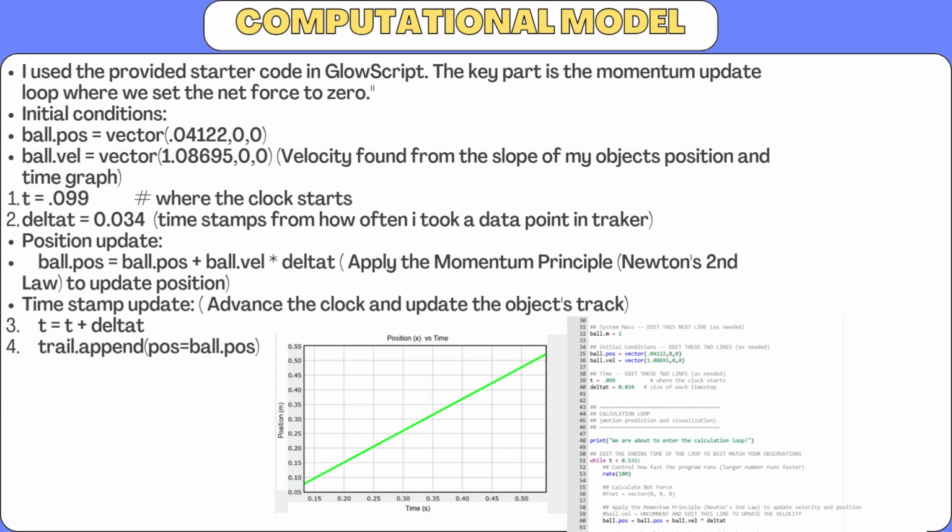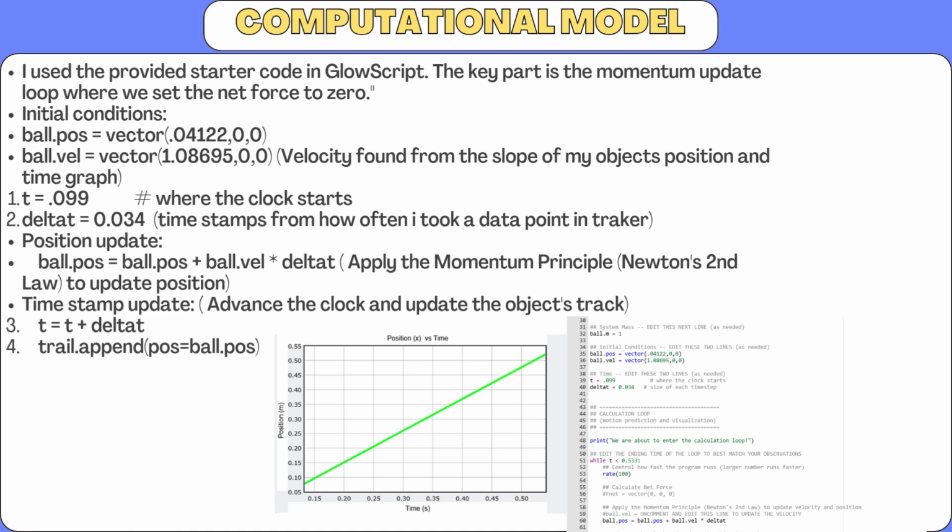Using the graph, I created a line of best fit and used the slope value for that as the velocity, which was 1.08695 meters per second. Then using this data and the same 0.034 time step, we generated an ideal position-time graph for an object with 0 net force to compare directly with our real-world data.